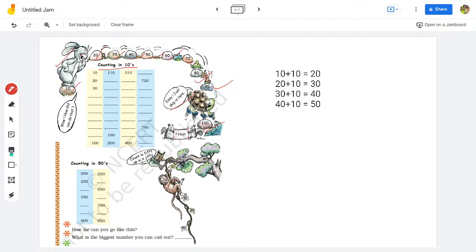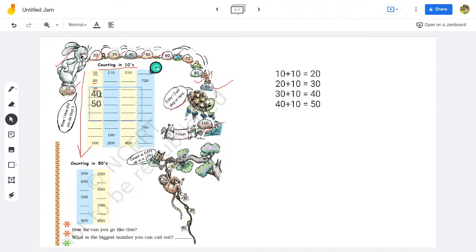Okay, let's begin with the first one. So we would go down. This is the way we have to go. Let's start with the first one. It says 10, 20, 30. Add another 10 to 30 is 40. And add another 10 to 40 is 50.